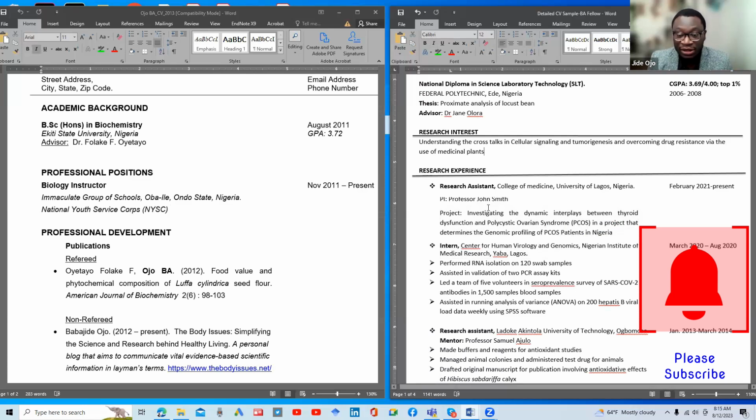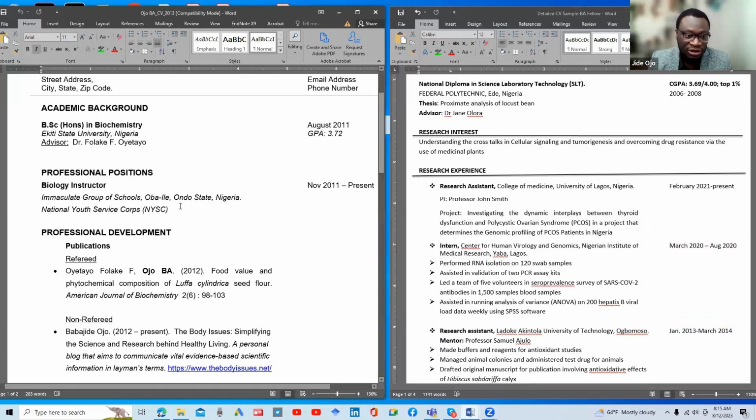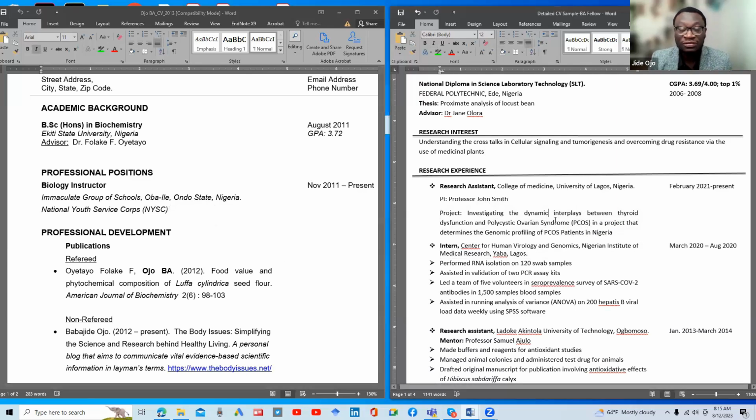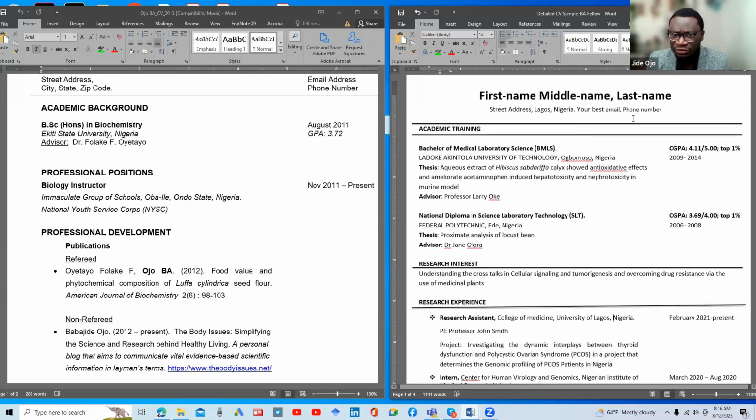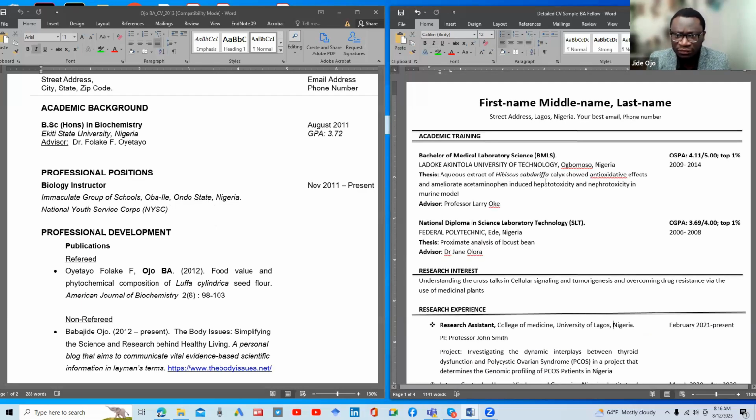Currently some people still use the one on the left, while some people choose to be more descriptive of their experiences like the one on the right. So today I'm going to focus on the one on the right, since this is the newer version. We have the one on the left online.